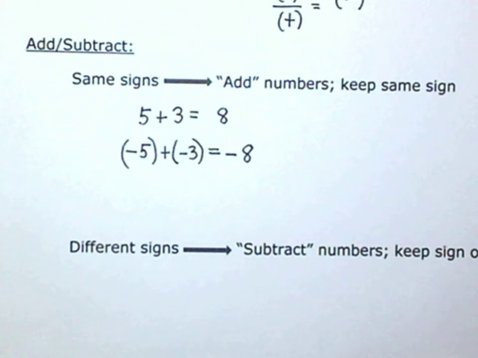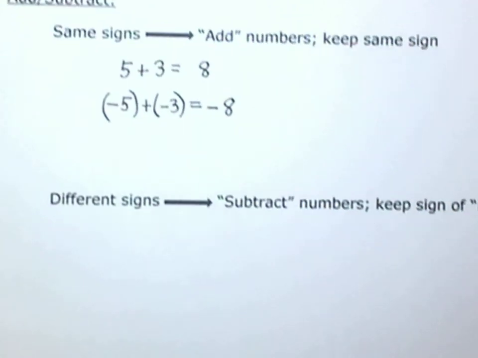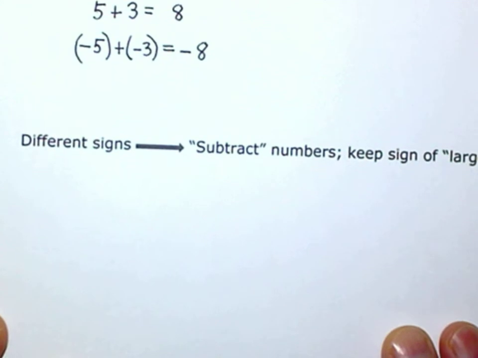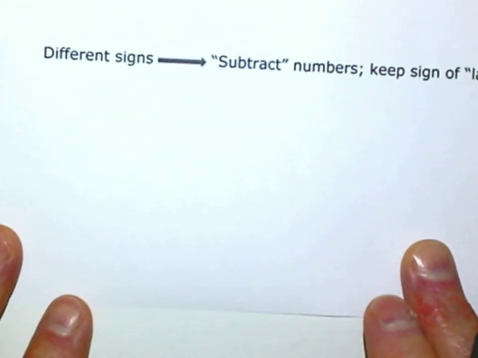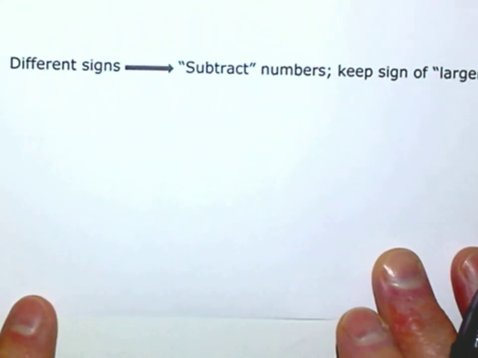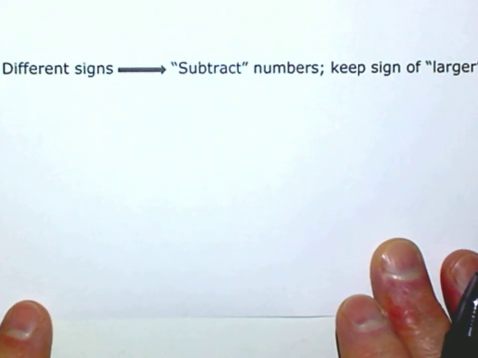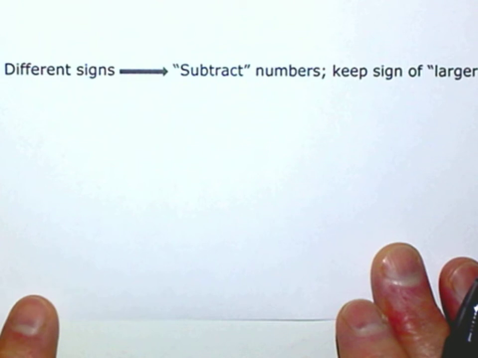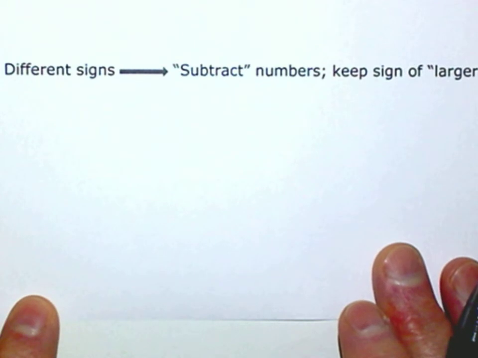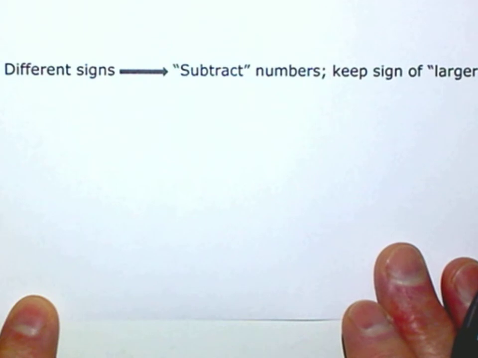Where most students have trouble is when the signs are different. If the signs are different, first I ignore the signs for a minute and ask myself, okay, which number's bigger?